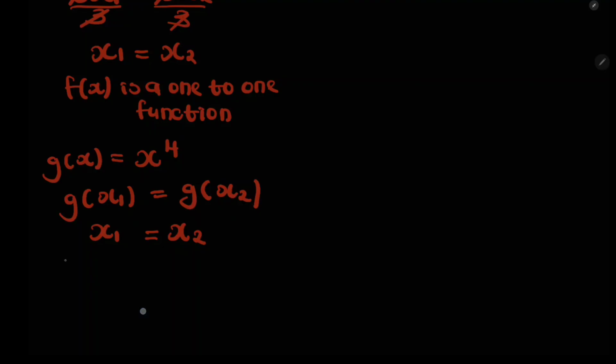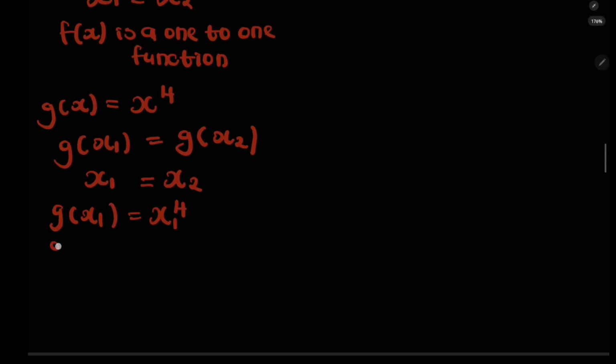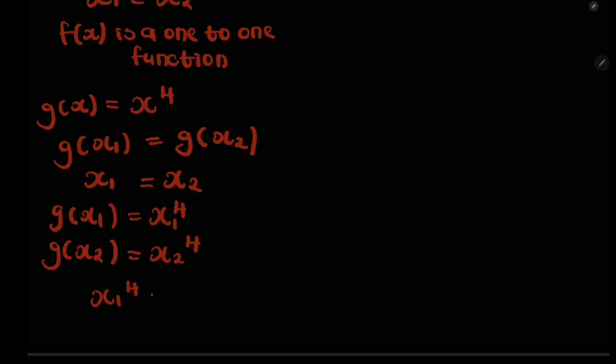So let's have the first case. Our g of x1 is x1 to the power 4, and our g of x2 is x2 to the power 4. So now we are going to equate them. We will have x1 to the power 4 equal to x2 also to the power 4.